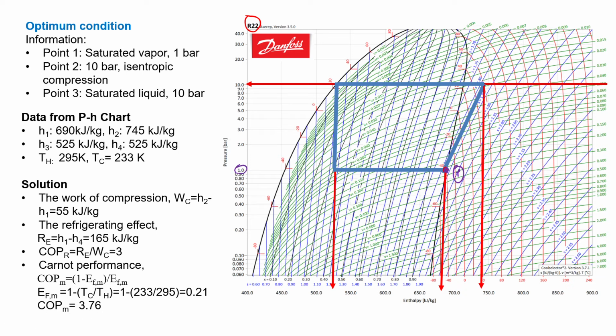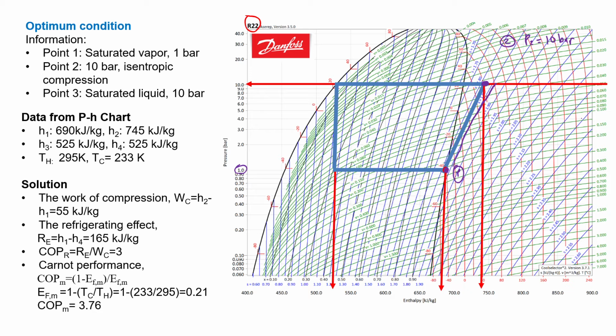Then it goes up isentropically, so it follows this line, parallel to this line. So we get this point. At point 2, P2 is equal to 10 bar.